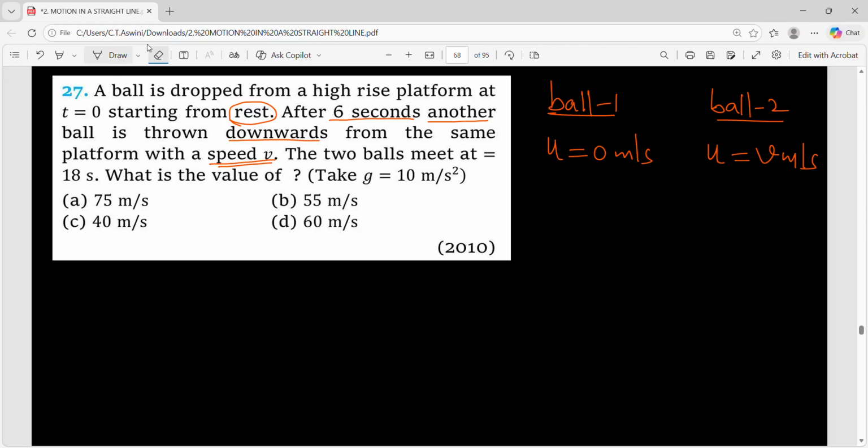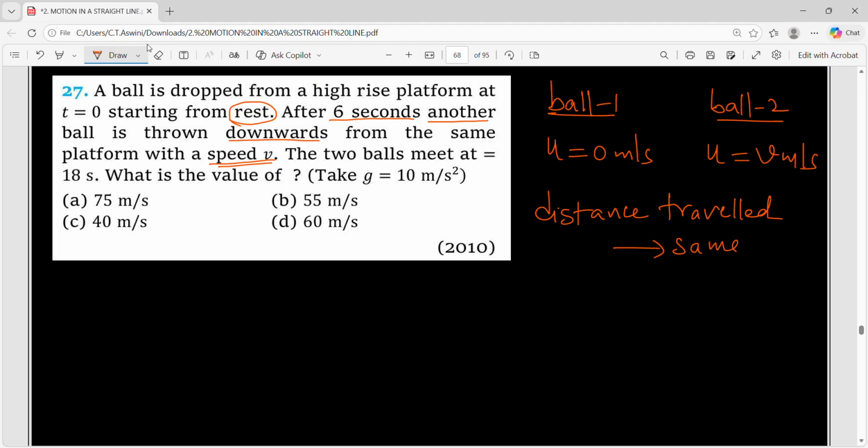Platform height is same, fine. And also, don't you think distance traveled by them is also same? Because they are meeting now. Distance traveled by two balls is also same. Because if distance traveled by them is same, then only they will meet. And they are meeting at 18 seconds.